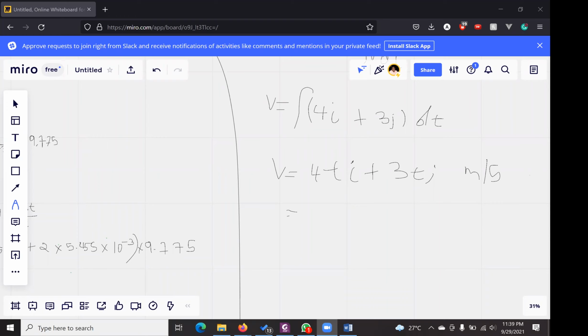Speed of the particle. Now, who wants to tell me how we find speed from velocity? Speed is the magnitude of the velocity. Perfect. So that would be the square root of 4t squared plus 3t squared.